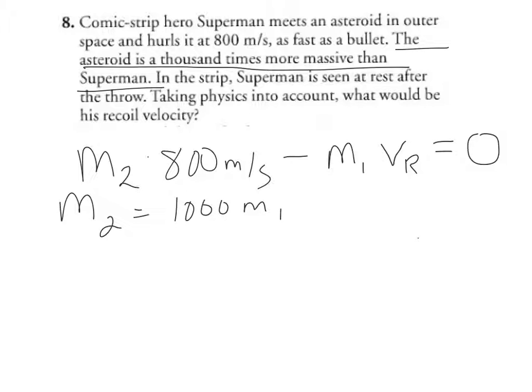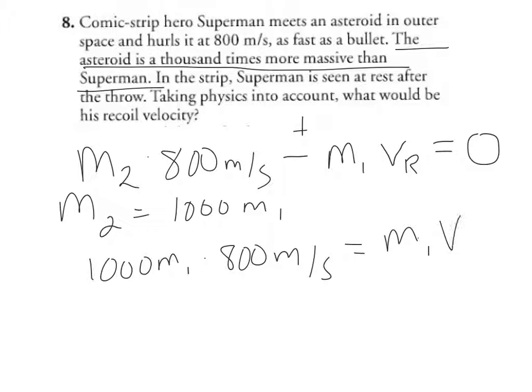With that piece of information, we can solve this. 1,000 M1 times 800 meters per second, and then we'll put this on the other side, plus M1 VR. So we add this to the other side so that we can isolate the recoil velocity.